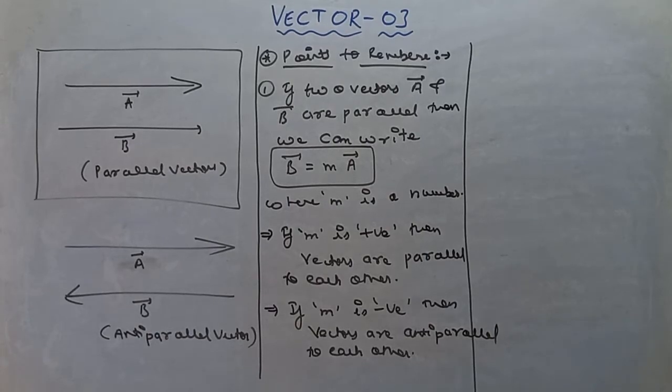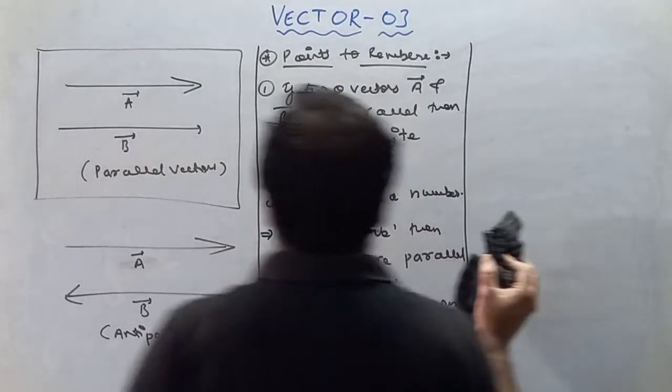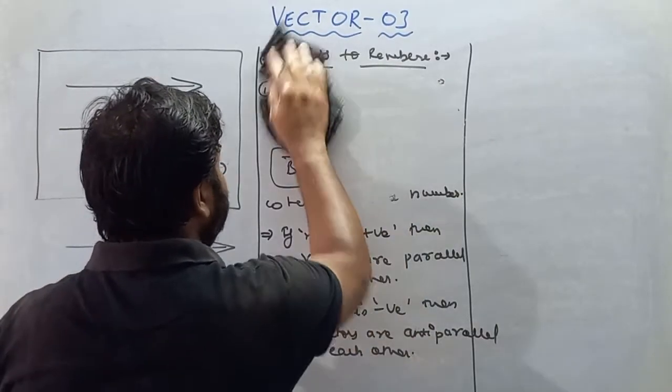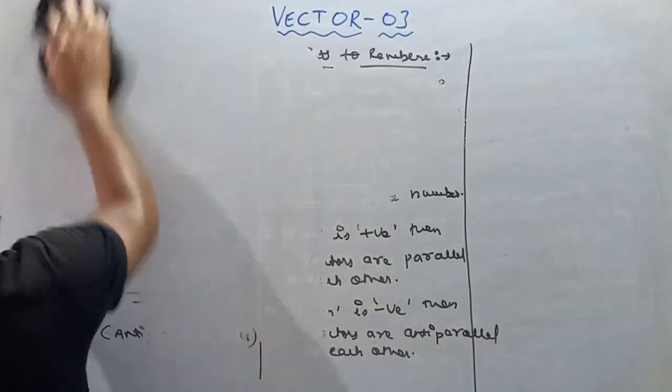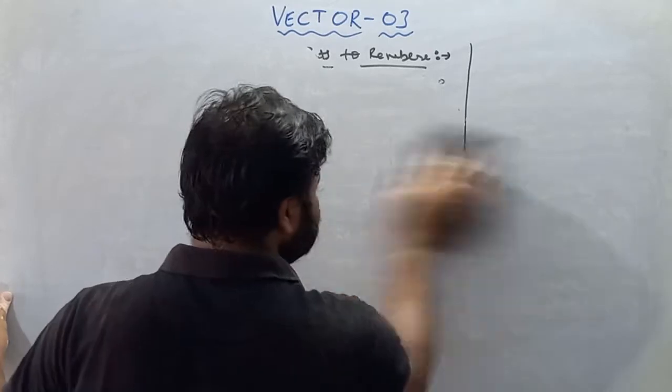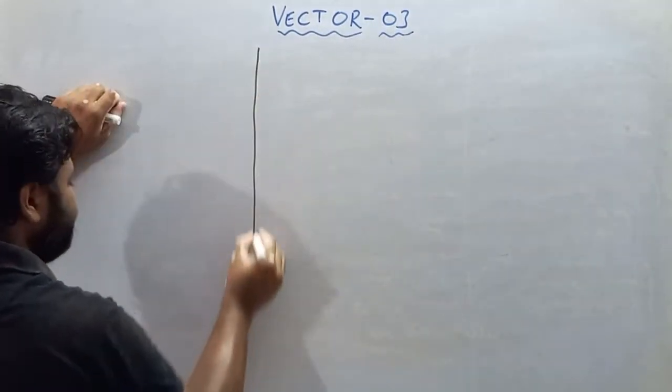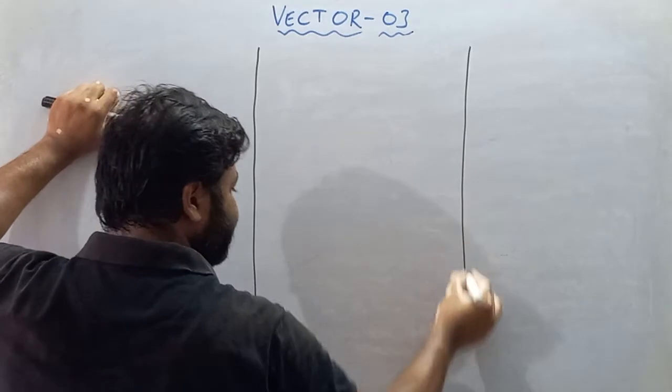Now moving forward, the second point which we have to discuss is, if two vectors are parallel to each other. Let's suppose we have two vectors, A vector and B vector.